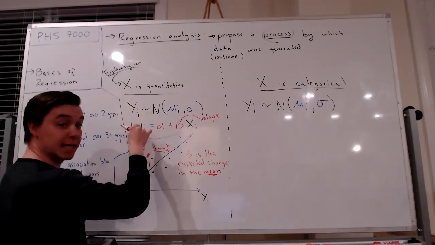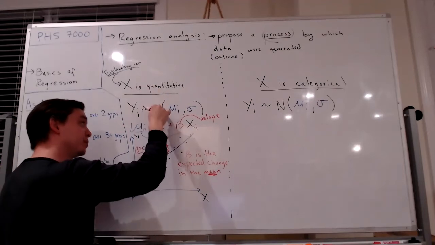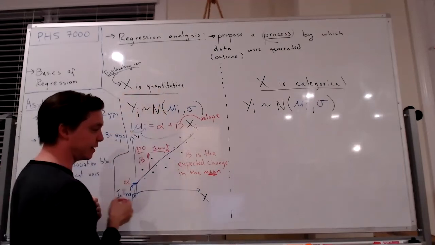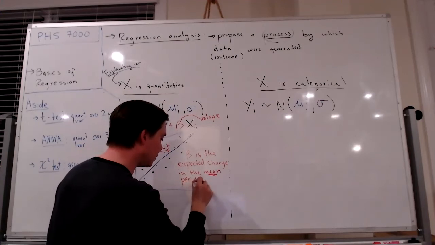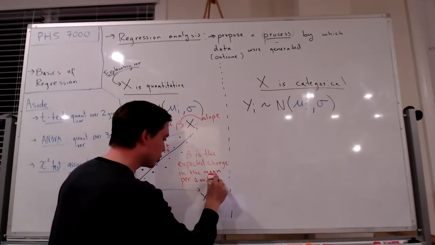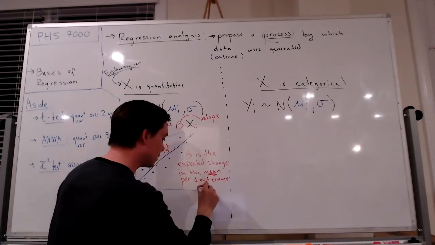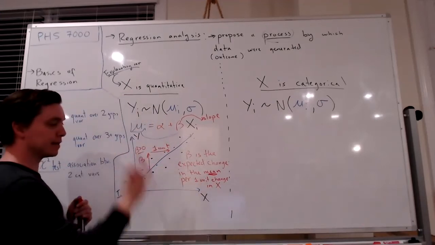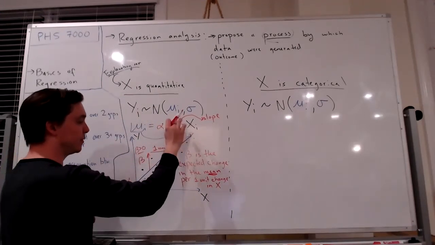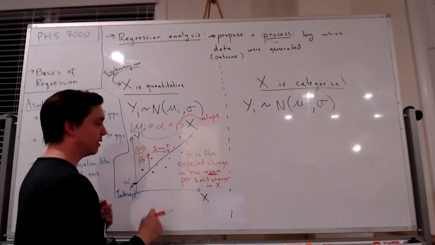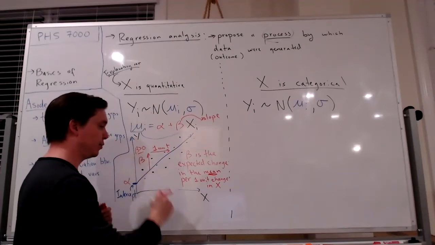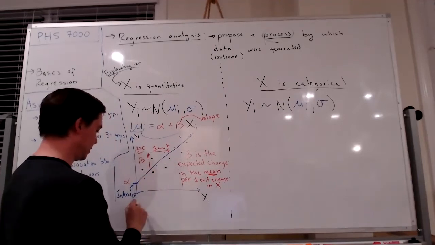It's the mean of the distribution that has produced our response variable, per 1 unit change in X. So this is the interpretation of this slope. Expected change in the mean per 1 unit change in X.